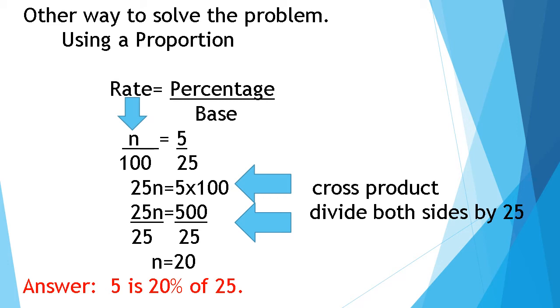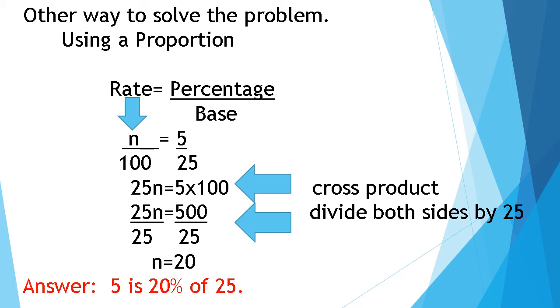Other way to solve the problem is using a proportion. We have the formula, rate is equal to percentage over base. We let n be the missing number. So n over 100 is equal to 5 over 25. We have to find the cross product. So 25 times n is 25n, equal to 5 times 100, and the answer is 500.